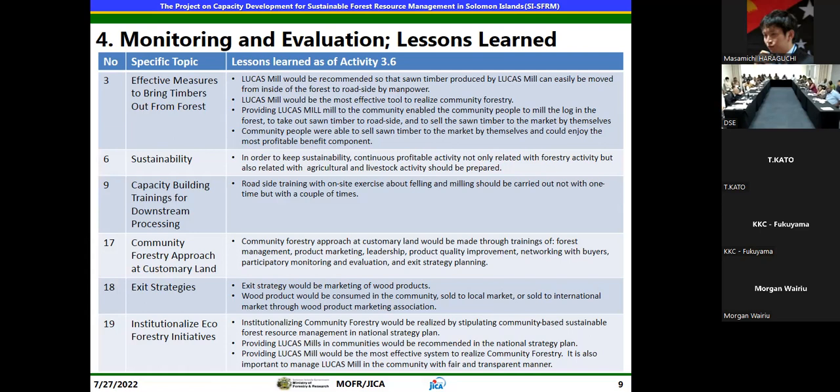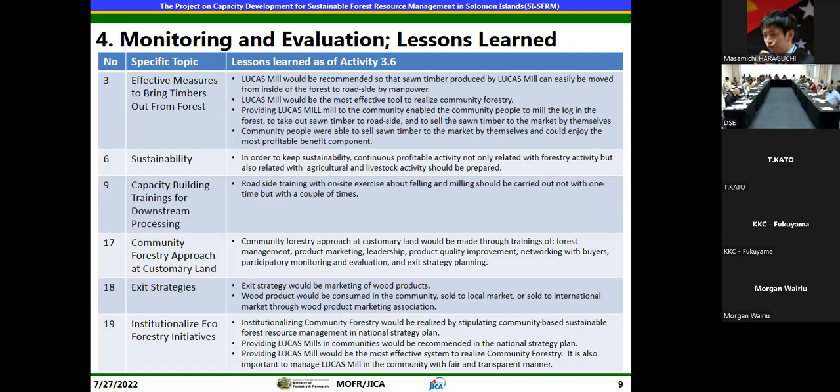Number 9, capacity building trainings for downstream processing. Lesson learned as of activity 3.6, roadside training with on-site exercise about felling and milling should be carried out not with one time, but with a couple of times. Number 17, commodity forestry approach at customary land.